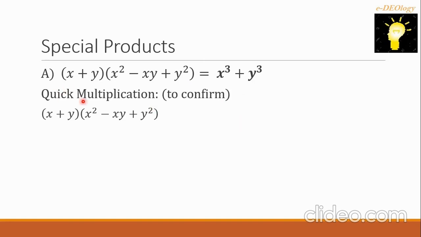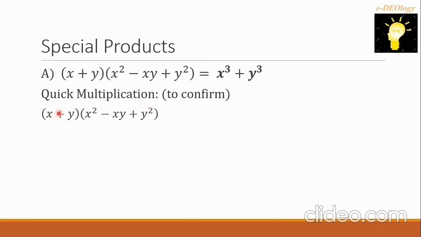Now let's have a quick multiplication to confirm the product of this binomial and trinomial using our long method. So I'm going to multiply the x with all the terms of the other group.